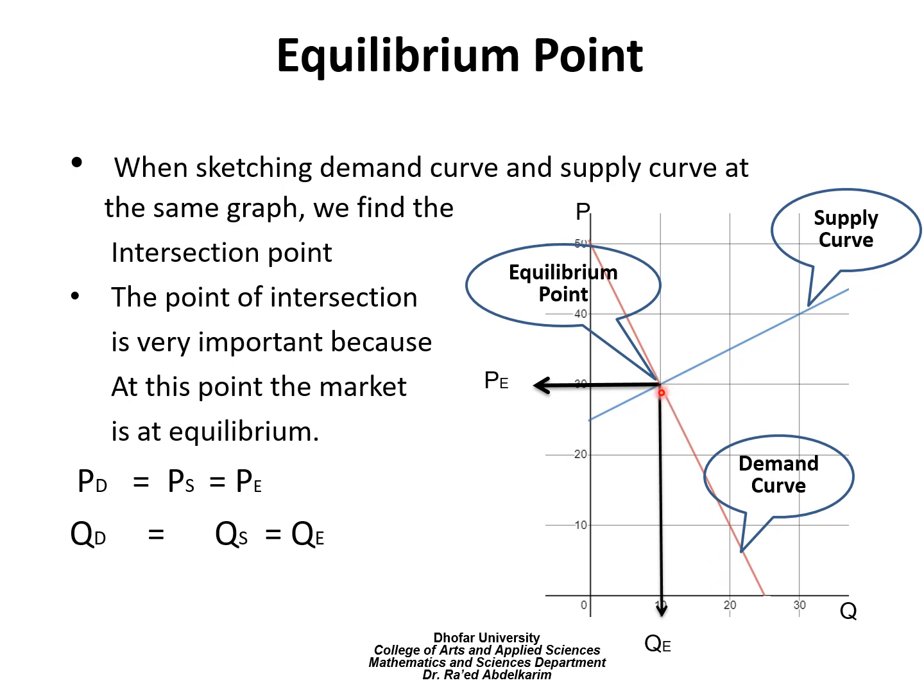This intersection point is the equilibrium point, where the quantity supplied equals the quantity demanded. Hence the price of the quantity supplied equals the price of the quantity demanded. So at equilibrium, we will have QD equals QS equals QE. E stands for equilibrium here. So always remember this condition. At market equilibrium, QD equals QS equals Q.